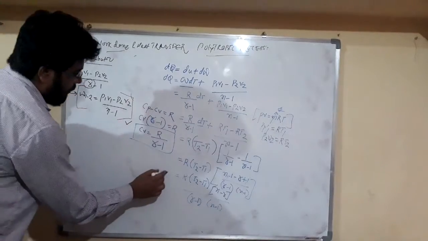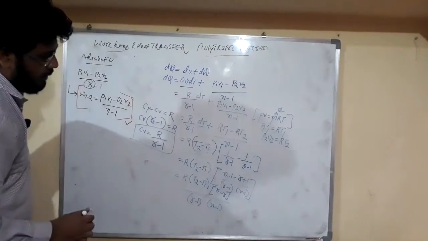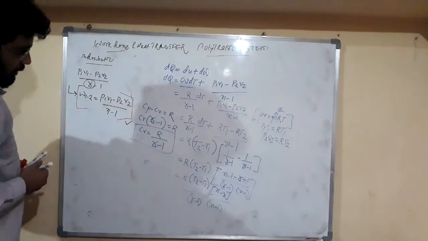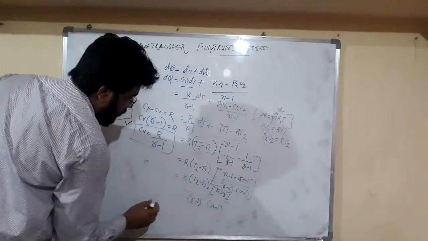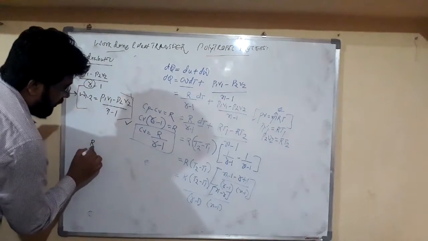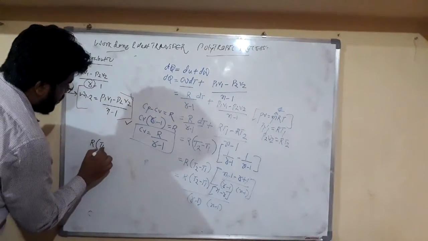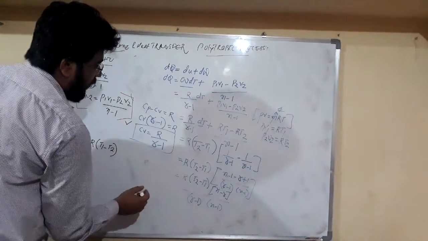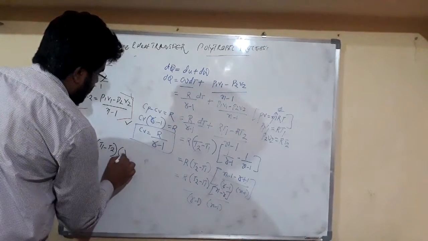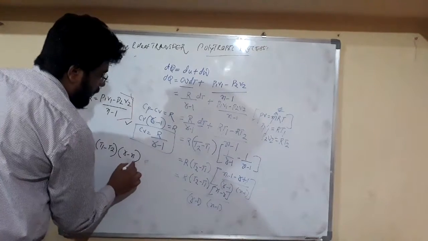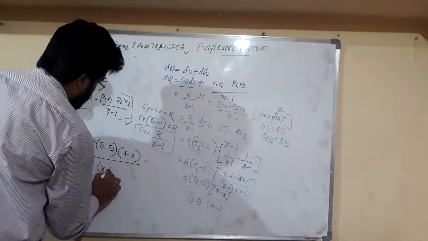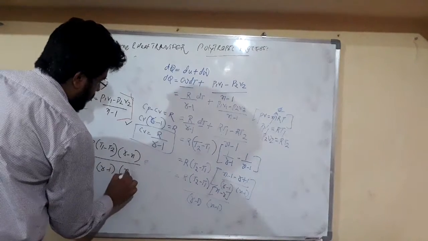Now we are changing the sign of this R(T1 minus T2), making it inverse. We change the sign of T1 and T2, and also of gamma minus n, and we write it under n minus 1.